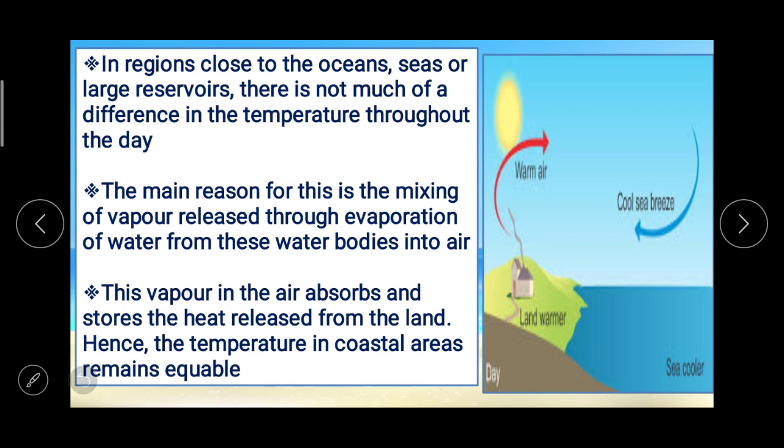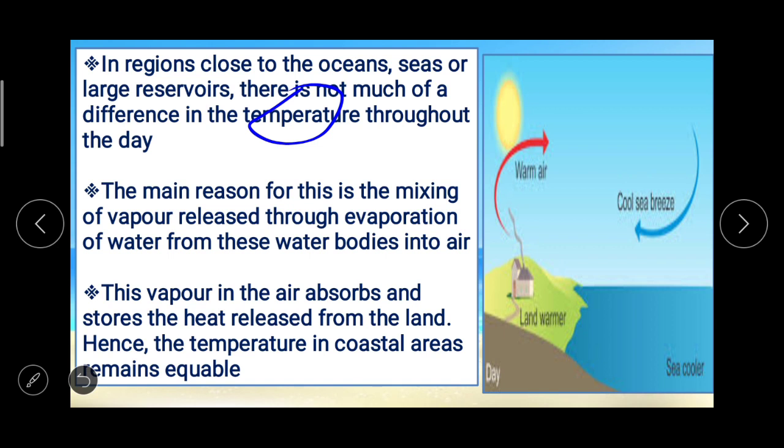Then the next thing, in the regions close to the oceans or large reservoirs, there is not much difference in the temperature throughout the day.